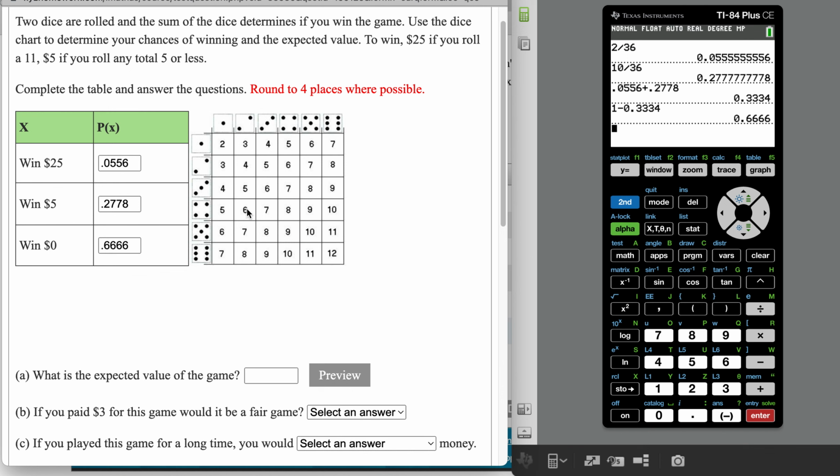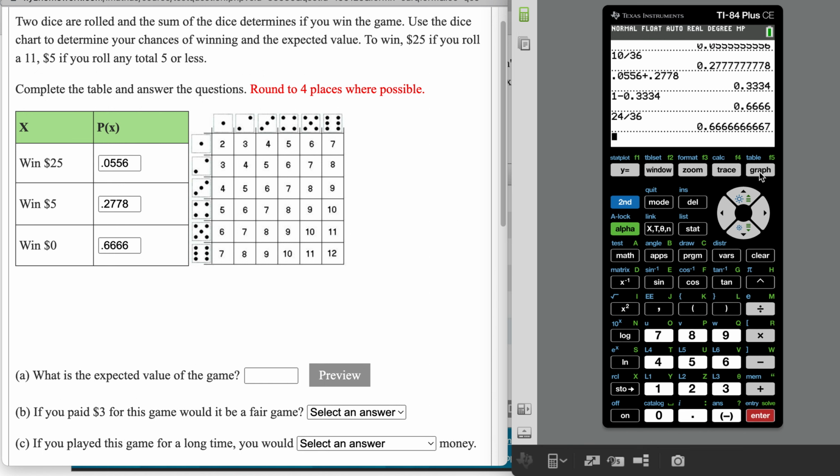So that would be 1, 2, 3, 4, 5, 6, 7, 8, 9, 10, 11, 12, 13, 14, 15, 16, 17, 18, 19, 20, 21, 22, 23, 24. So that would be 24 out of 36, which is 0.6666 repeating. So actually, we should probably round this up to 0.6667.